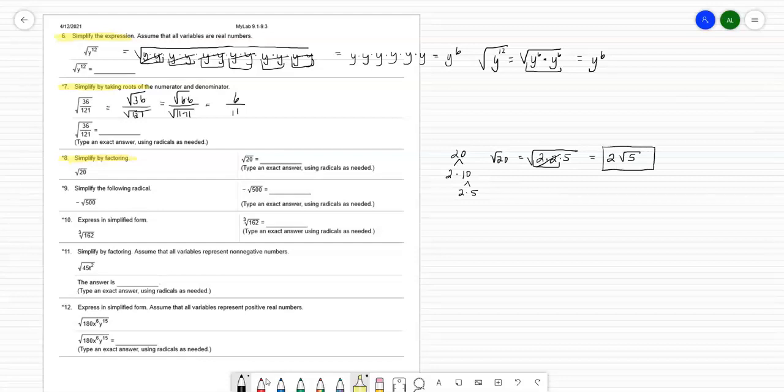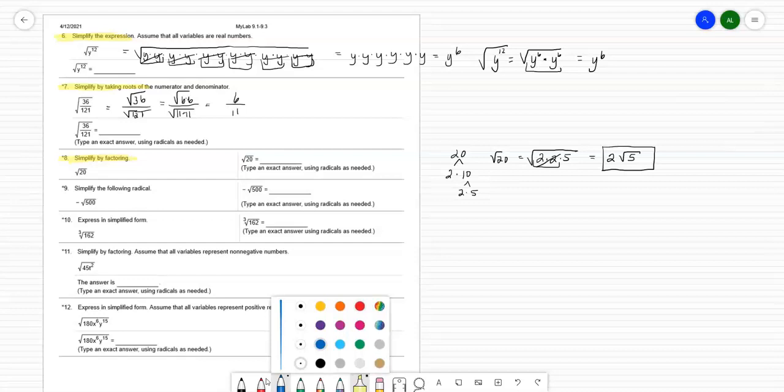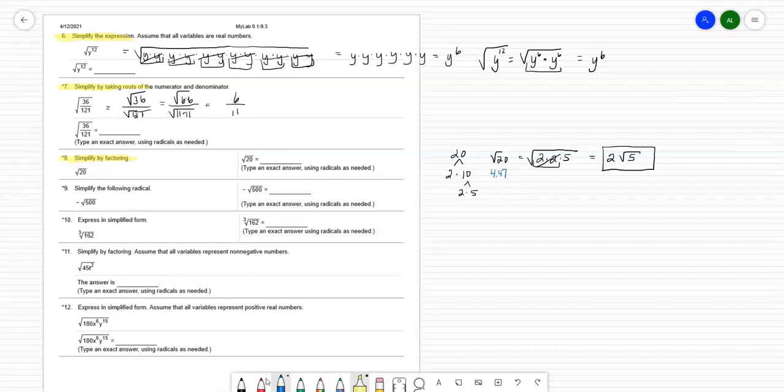And here's how you can easily check your answer. Take your calculator and find the square root of 20. Just look at the approximation of the square root of 20, and you'll find that it is 4.47 rounded. Take your answer, put in 2 times the square root of 5, and you will also see that it equals 4.47.